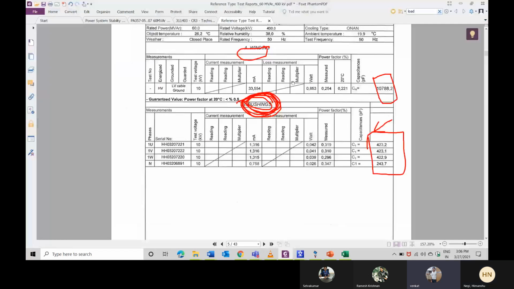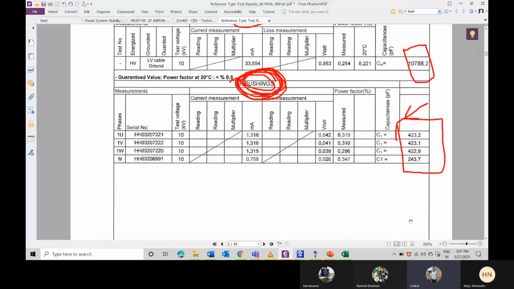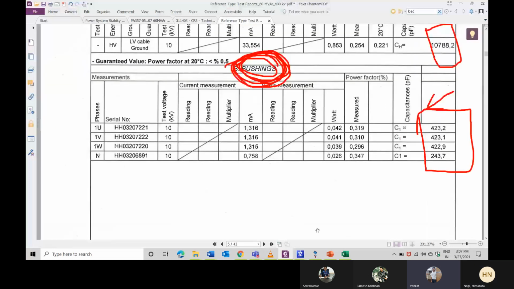This is a testing sheet which they have done on the site. What they have to provide is the bushing capacitance for each and every phase. Did you just add it in series? No, what I should have done is take this value only. Can you see 423, this value?